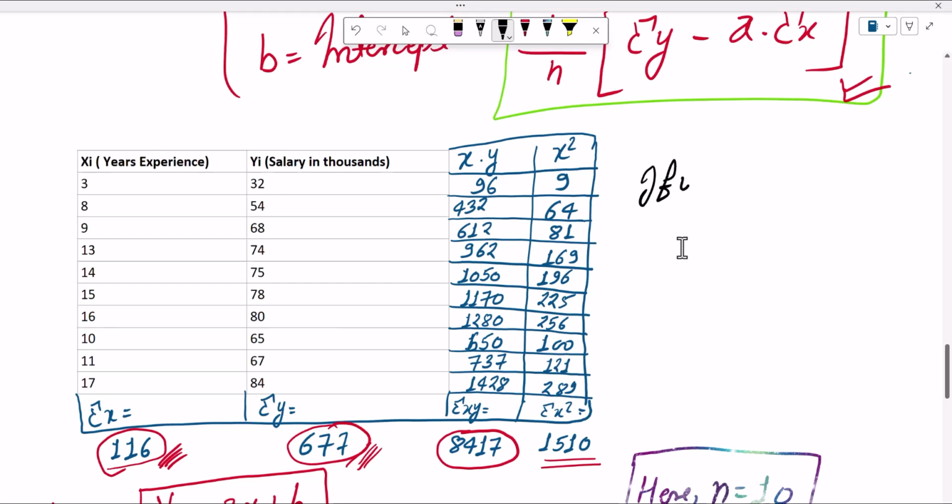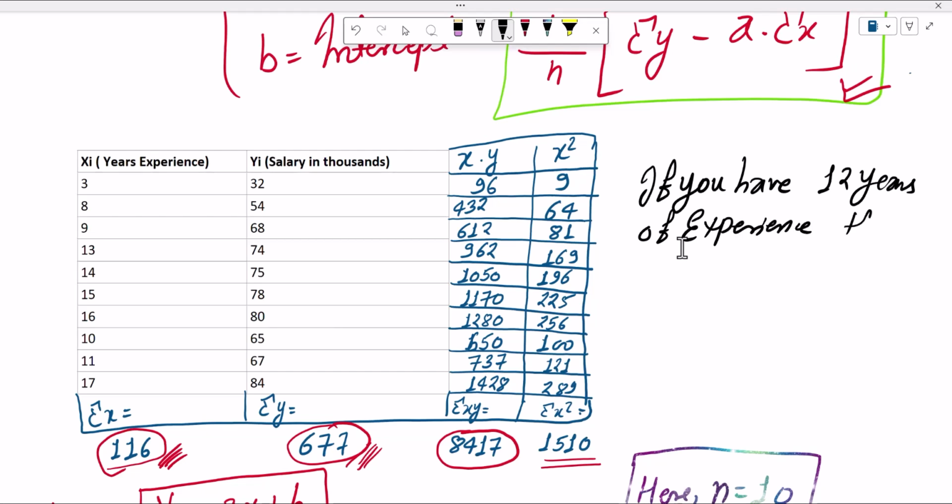If you have 12 years of experience, then you get 69,000, right?